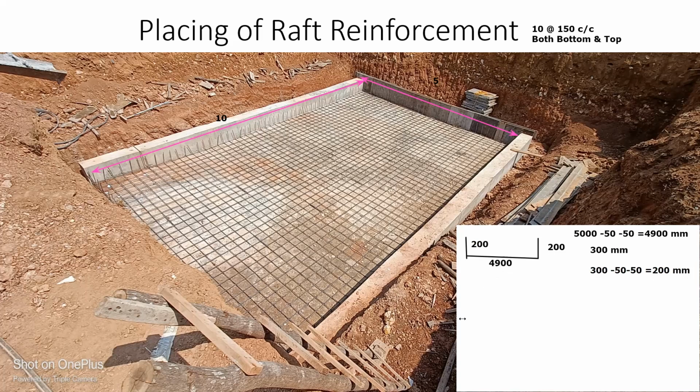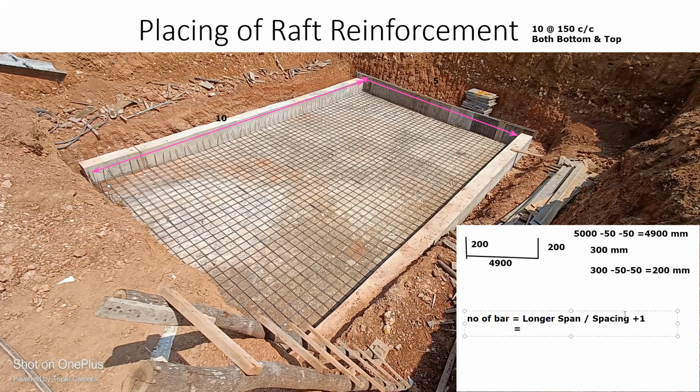Now to find the number of bars: number of bars equals longer span divided by spacing of the shorter, and for that I need to add 1. So what is the longer span?